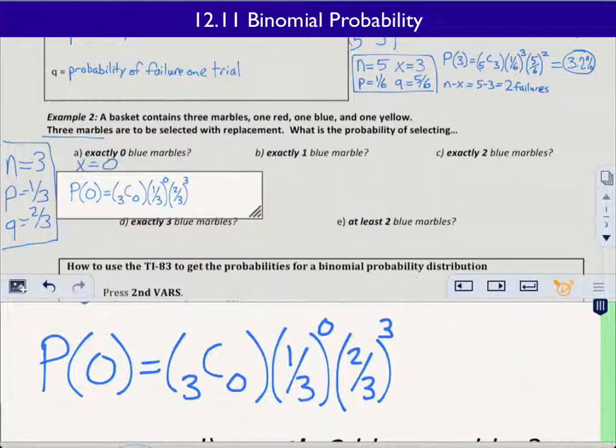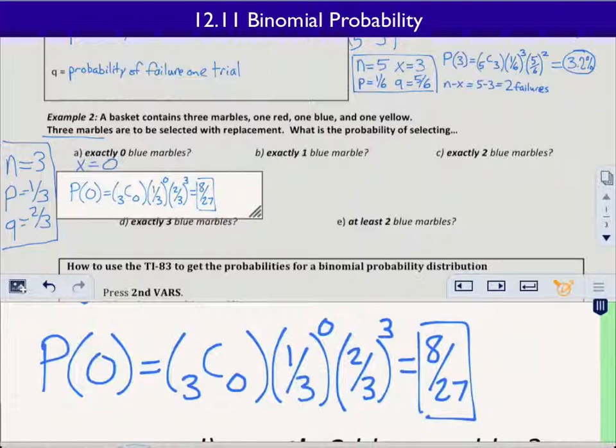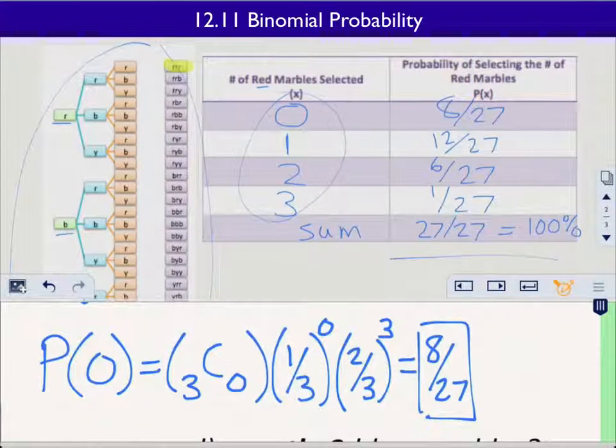And if we use our calculator here, we do get 8/27. Okay, and if we compare that to what we got here, you'll notice we had gotten 8/27 as well.